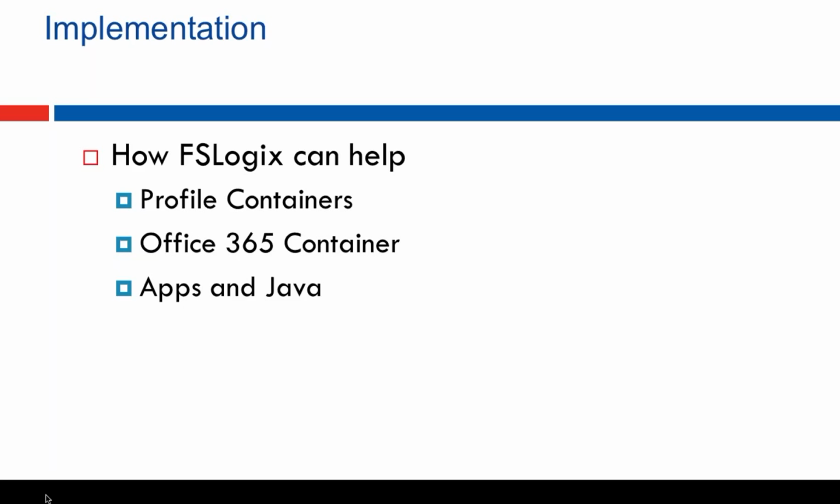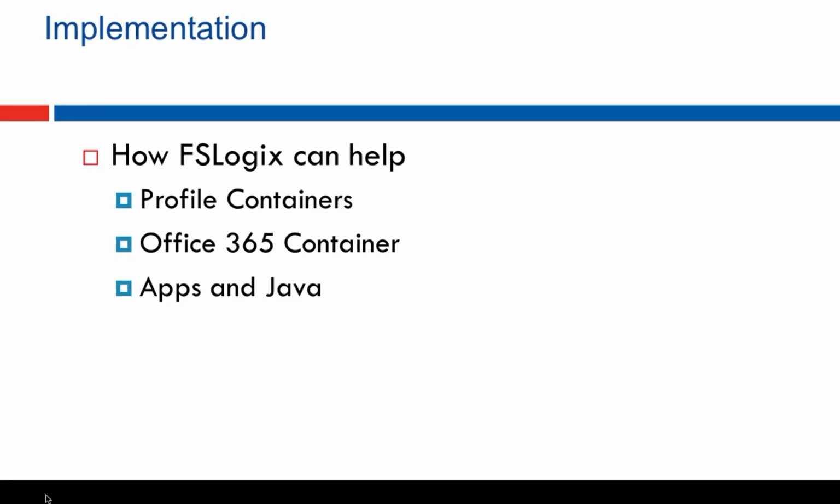So now when the user logs in, our filter driver basically comes up and looks at it and says, okay, I've got Dave Young here. I need to map Dave Young to a VHD at the AppData Local Microsoft Outlook folder. And when it does that, it then gives me the contents of that folder, which allows me to present the rest of my mail. Works very, very well.